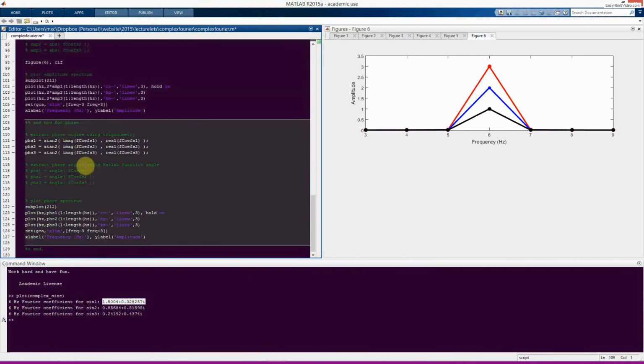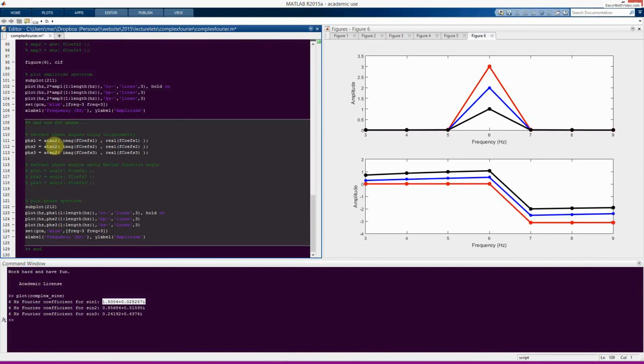And now for the phase, we see the same thing. We can take the arctangent of the imaginary component over the real component, and this gives us the phase angles. Now you might initially think that you should use the function atan and then do the imaginary divided by the real component. You can do this, but of course when the real component is 0, then you're going to be dividing by 0. So that's a difficult problem to deal with.